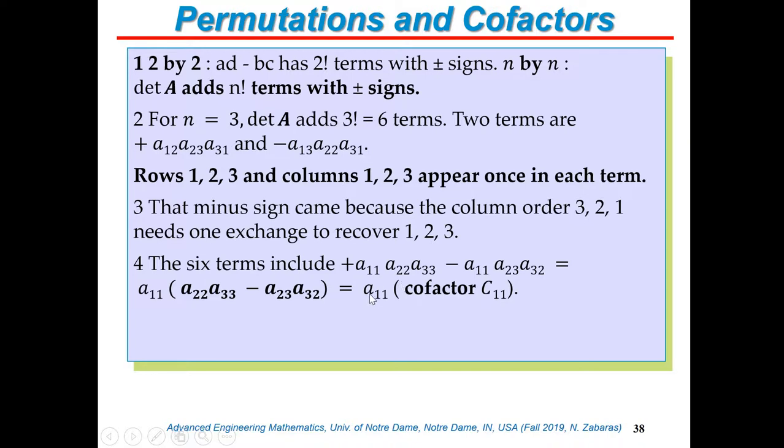Okay, so it's the cofactor that corresponds to the element of the matrix A11, and we will see how these cofactors come in the calculations for computing determinants. But let me just state the general result. So this is 2 of the 6 terms that you get in a 3x3 determinant.